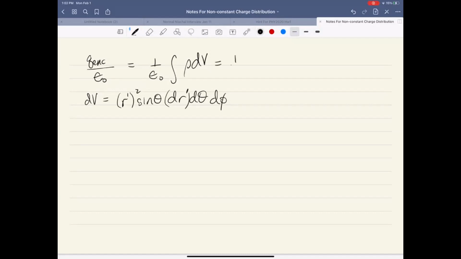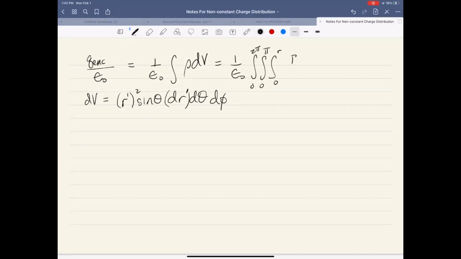So here we go, 1 over epsilon naught. And then I'm going to plug in my formula for rho. It's a triple integral. Yay, Calc 3, right? I'm going to integrate from 0 to r for my radius term, 0 to pi for theta, and 0 to 2 pi for phi.